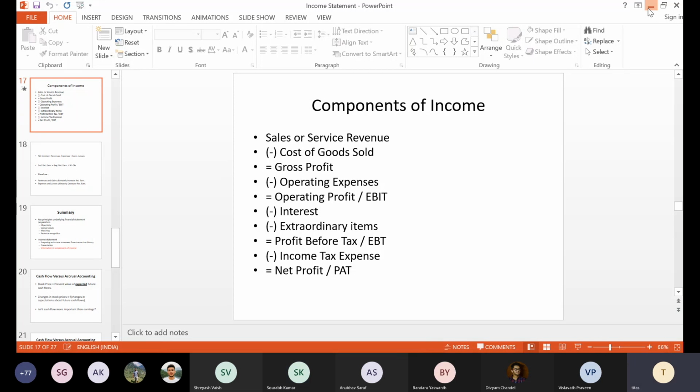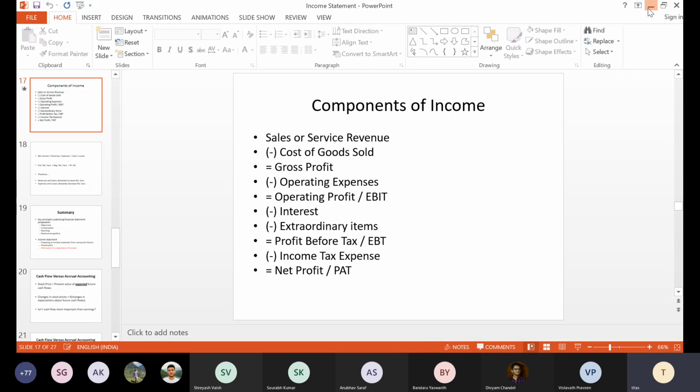Yeah, so I am not saying that it is an expense. We are saying that it is a loss. But my point is, this is extraordinary. That means we do not incur this kind of cost on a regular basis, right? So these are extraordinary items.